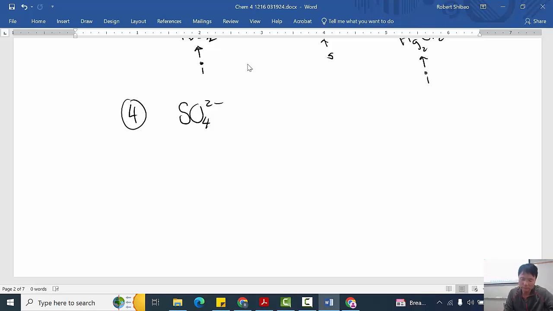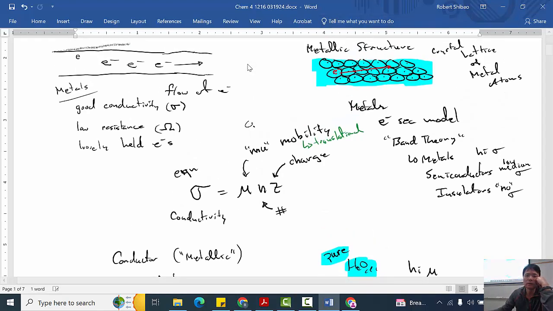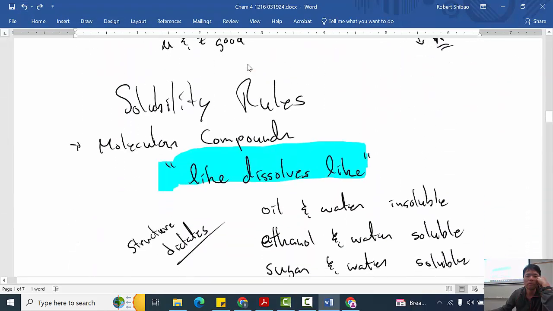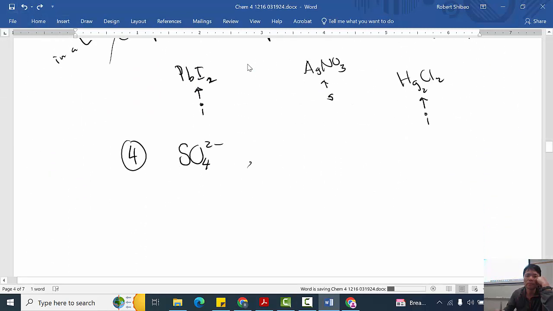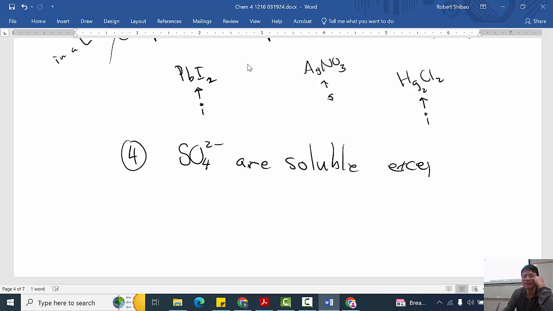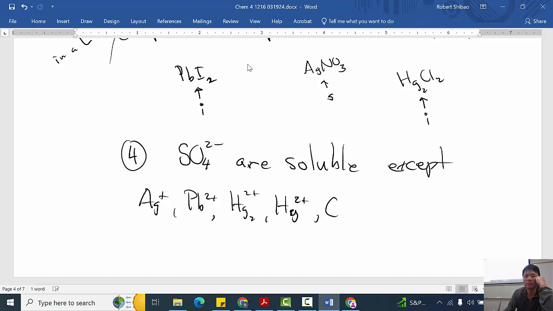So sulfates are soluble, except when paired with silver, lead 2, mercury 1, calcium, strontium, and barium.